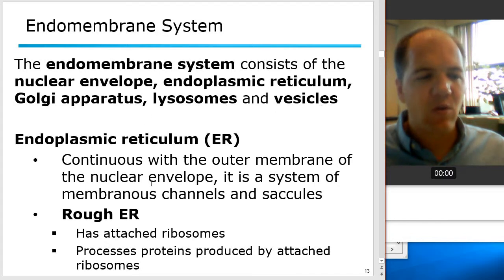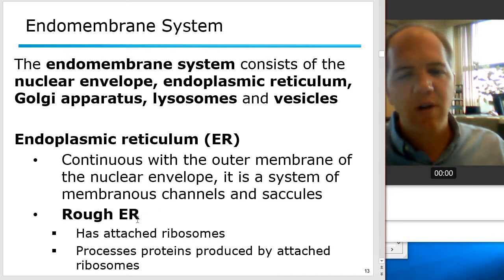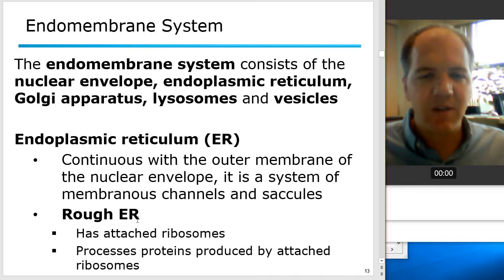And these are all working together. So first, the endoplasmic reticulum. Let's focus on the rough ER. The rough endoplasmic reticulum is the one that has the ribosomes attached to it. And the reason the ribosomes are attached to it is because it produces proteins. The ribosomes produce proteins that are then produced into the rough ER.